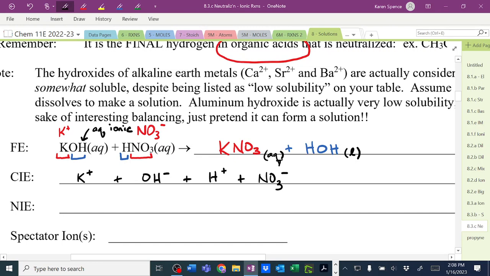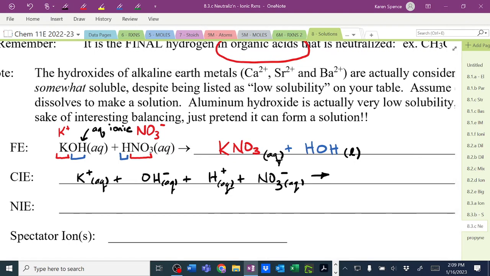What have I forgotten so far? All my states, they're all aqueous. KNO3 is aqueous and ionic, so it should be apart.